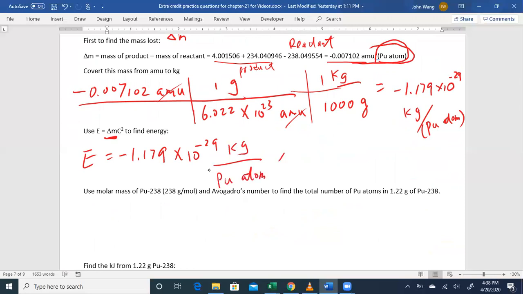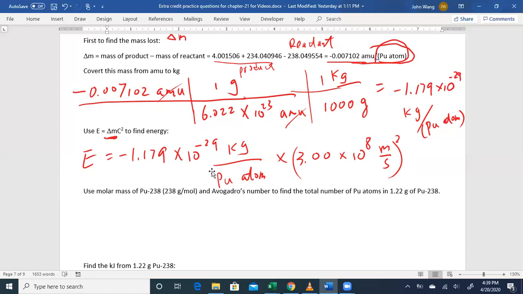Okay, and then I want to multiply by C squared. So you know what is C? Speed of light is a constant. So what I'm writing now is C as units meter per second, and you square this. All right.